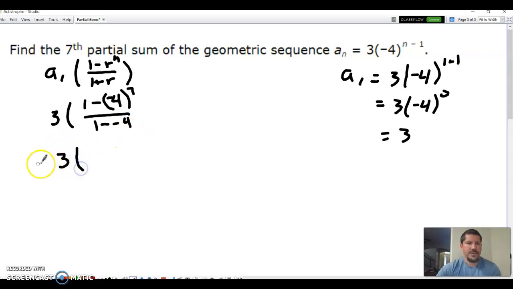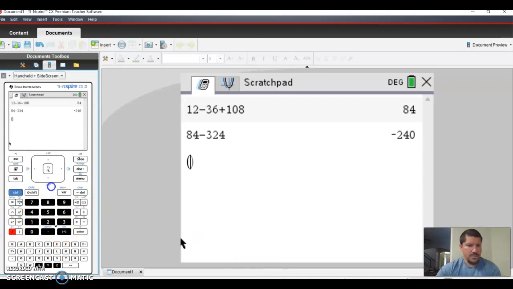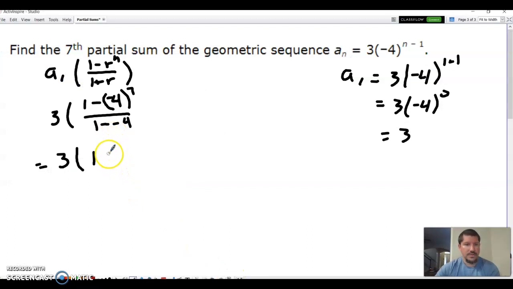Alright, so 3, 1, let's see here, so negative 4 raised to the 7th power is negative 16,384. I know, big number. So that means it's going to be plus 16,384 over 1 plus 4.